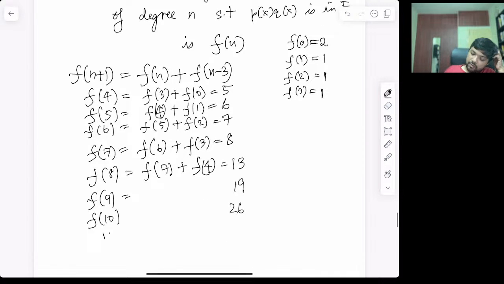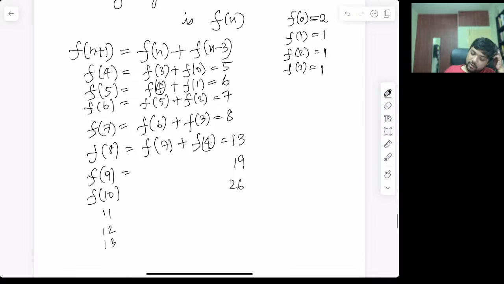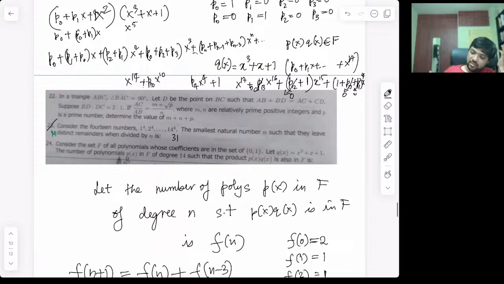So 26 plus 8 is 34. 34 plus 13 is 47. Then 57, 67, 66, 66 plus 26, 80, 92 maybe. I don't know, I'm getting 92 as the answer here. I might have made some mistake, but essentially you get a recursion, and using the recursion you can solve.